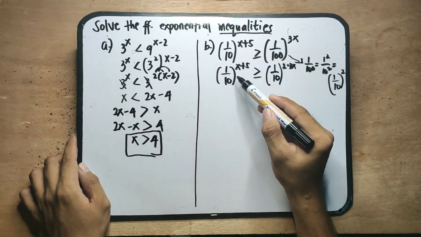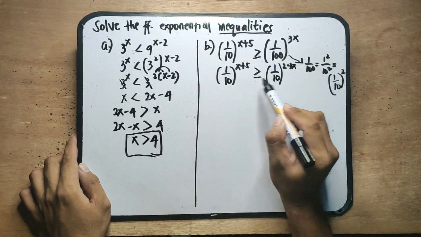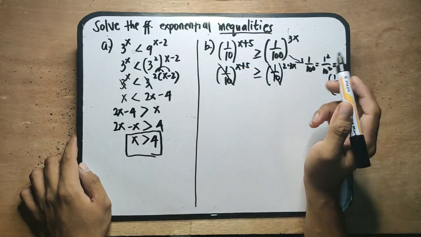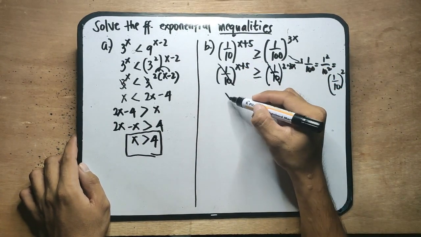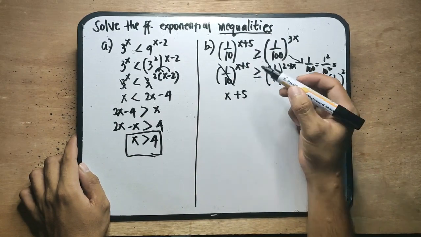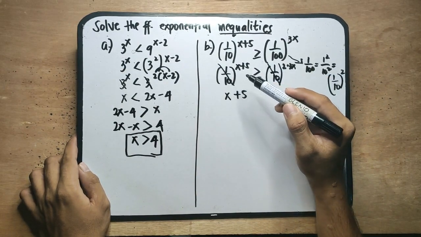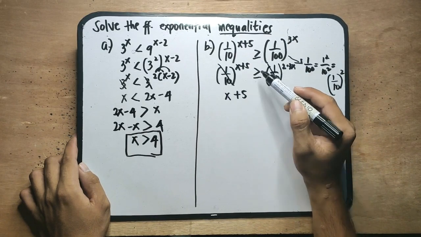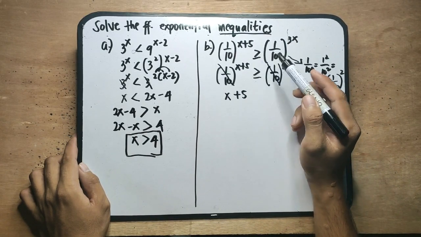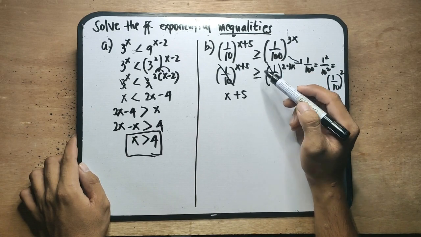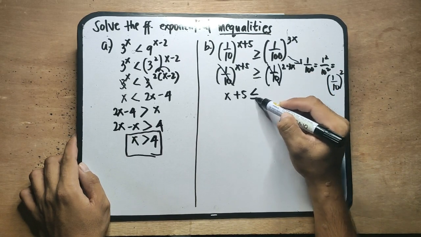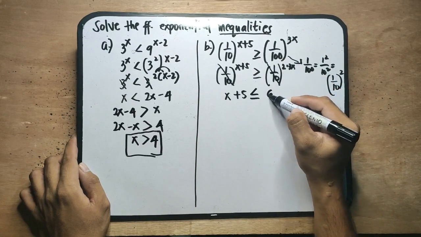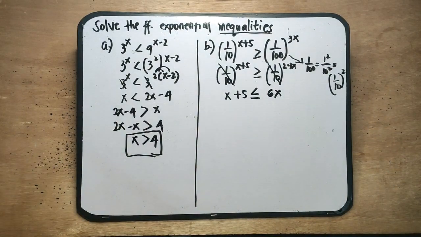So since pareho na sila ng base, we can disregard them, and we can bring down the exponents. So we bring down x plus 5. Since yung 1 all over 10 ay in between 0 and 1, that is the time na ma-reverse yung ating inequality symbol. So from greater than or equal to, it will become less than or equal to, and then 2 times 3x is positive 6x.